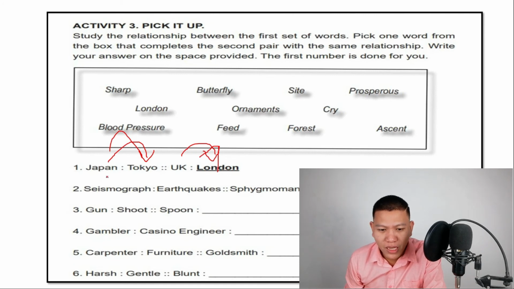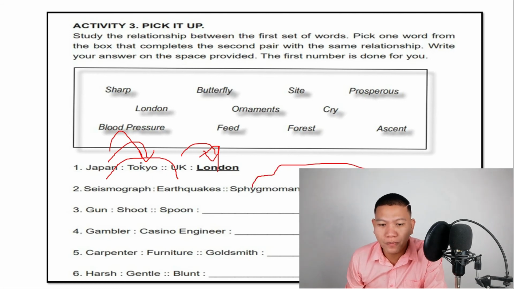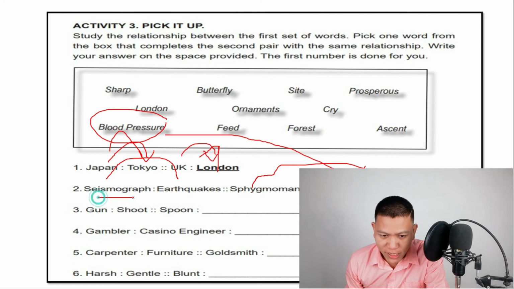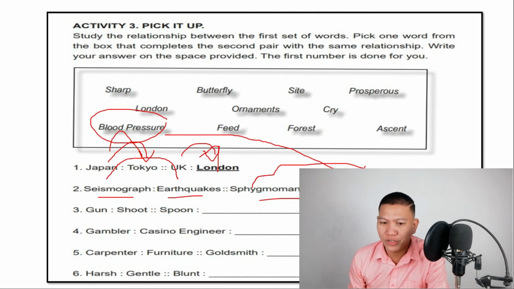Another example, seismograph is to earthquakes. Sphygmomanometer is to blood pressure. I was wrong a while ago. When we measure blood pressure, it's sphygmomanometer. So this one is the best answer.